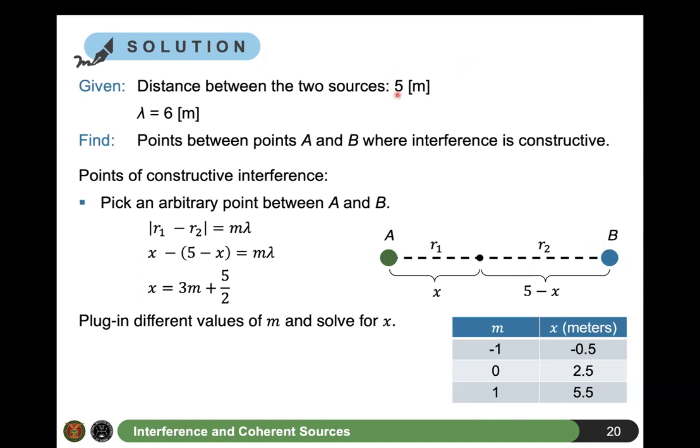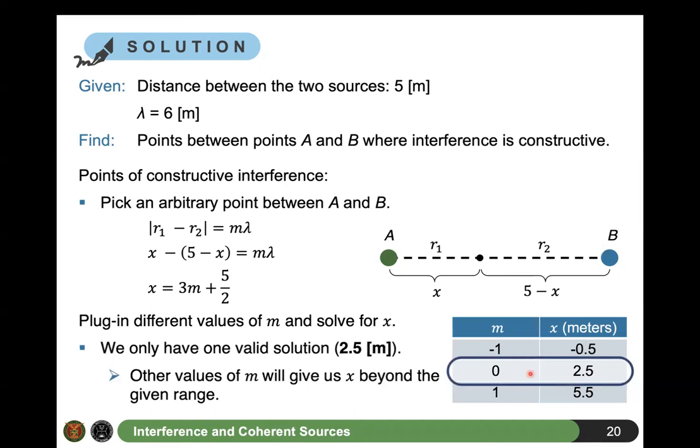Kasi ang maximum distance lang is 5 meters. Of course, ang minimum distance should be 0. Kaya yung m equals negative 1, that produces x equals negative 0.5, hindi rin valid. So, ang valid lang is when m equals 0 and x will be 2.5 meters. Okay? So, this is the only point between A and B such that the interference will be constructive. Nakuha?